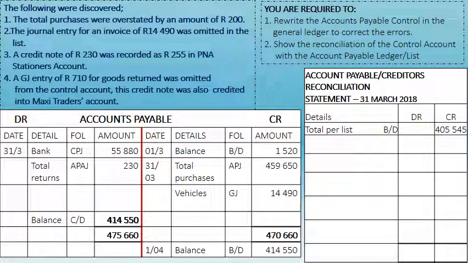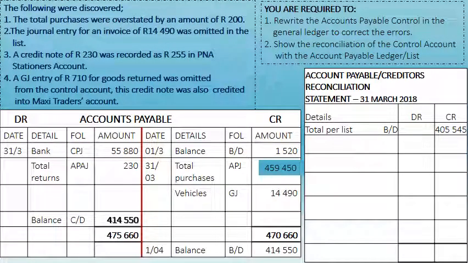On the credit side, on the line for total purchases, which were posted from the APJ, we will reflect the correct entry as 459,450.